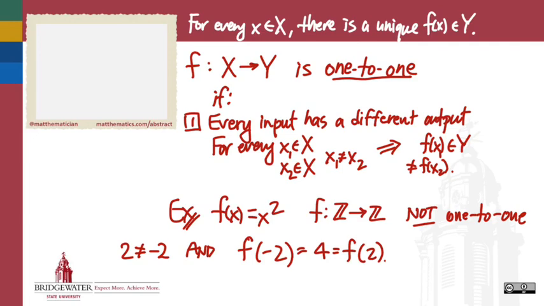Yeah. So f of x equals x squared, the squaring function on the set of integers. Is it true that for every integer x, there's only one value of x squared? It is true. If you give me an integer, I can tell you for sure this is the value of x squared for that integer, right?